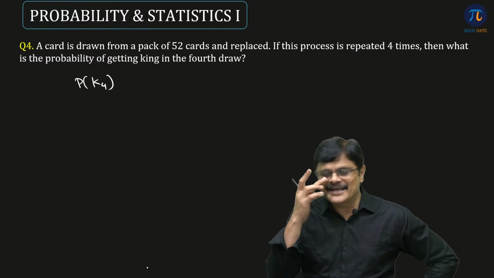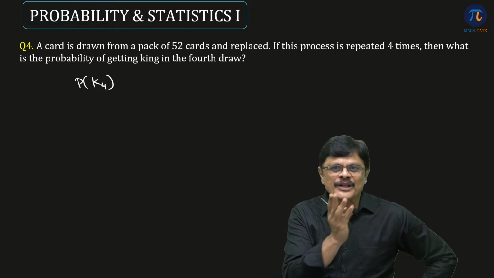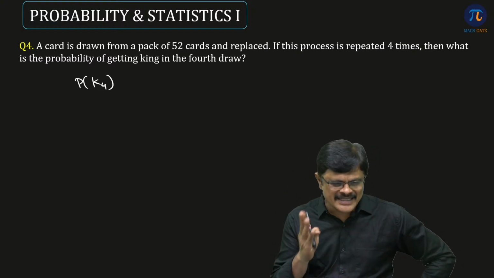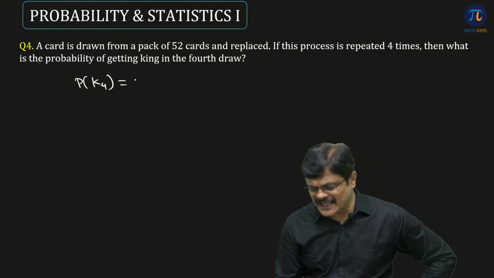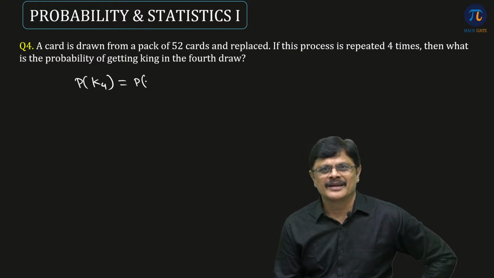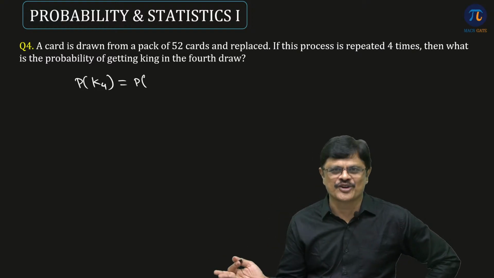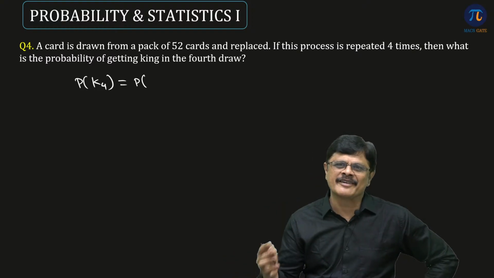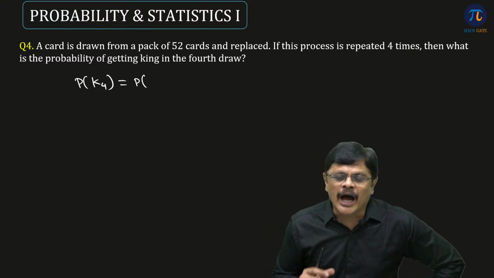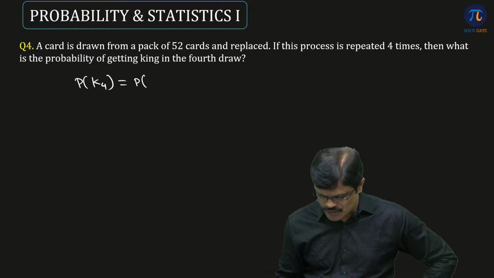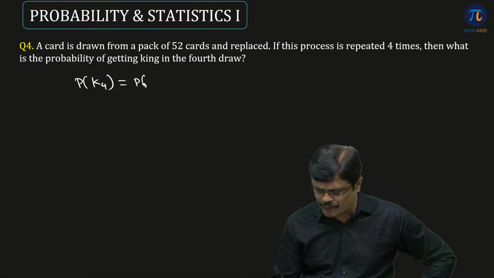See, because the card is replaced, does it depend on the previous draws? It does not depend. So the probability of getting a king in the 4th draw does not depend on the previous draws. What happened in the first draw, what happened in the second draw, does not affect the outcome on the 4th draw. So it is simply the probability of a king in the 4th draw.